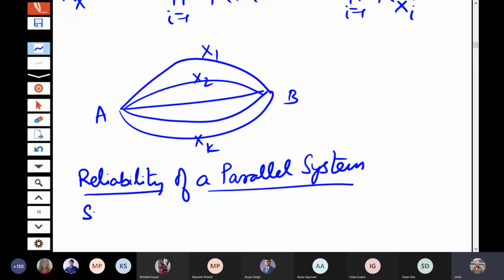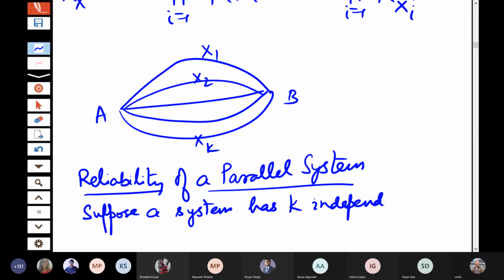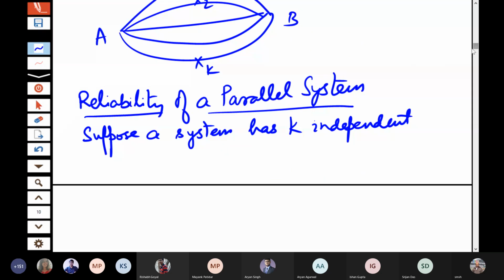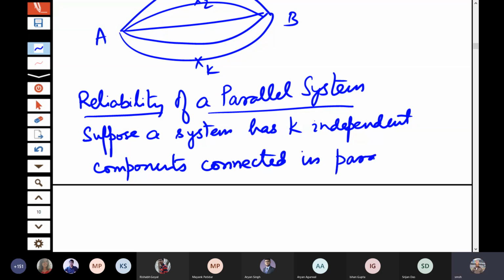Suppose a system has k independent components connected in parallel.